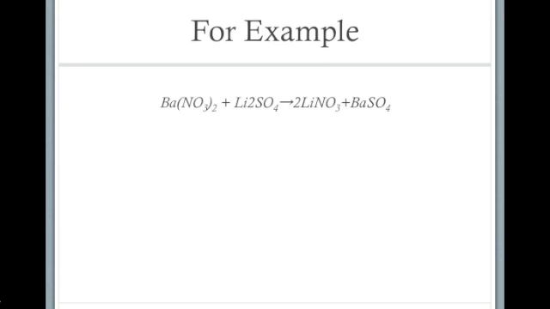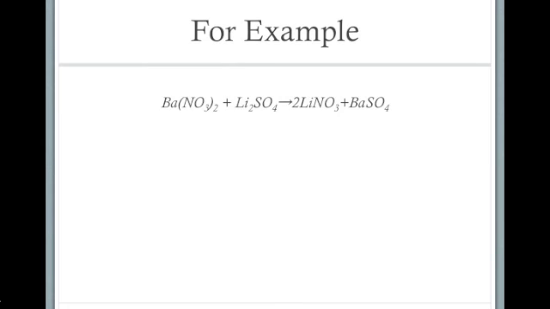But let's take a look. So for example, if I'm given this formula, barium nitrate and lithium sulfate yields lithium nitrate and barium sulfate, which is a double replacement reaction, by the way, for those of you that are remembering from last semester.